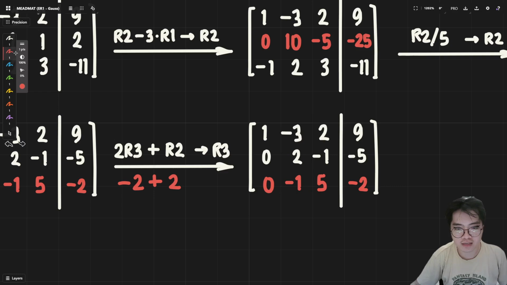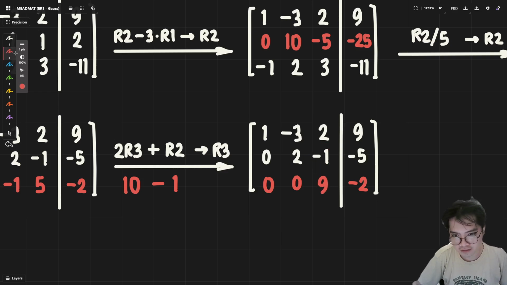That's now going to be 0. Okay, next. 5 times 2 is 10 minus 1, because this is 1, that will be 9. And then -2 times 2 is -4. Minus 5 is, oh, surprise, surprise, -9.